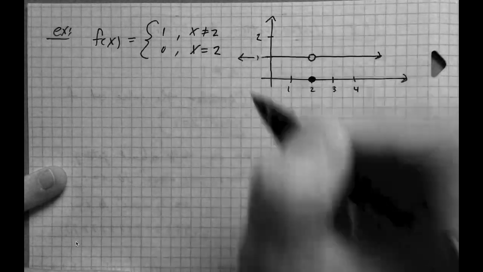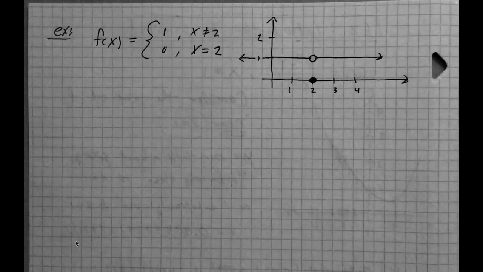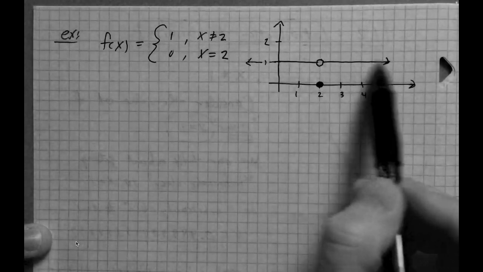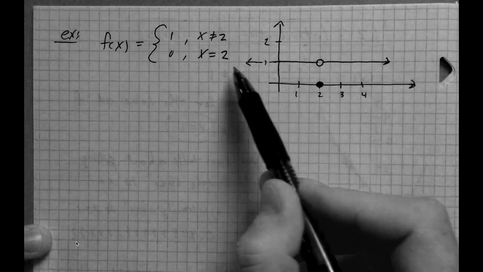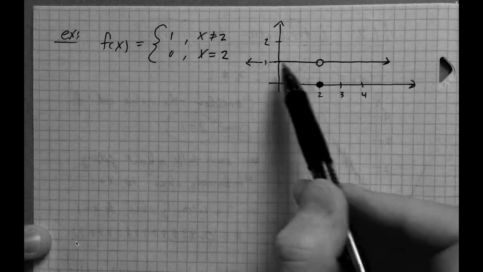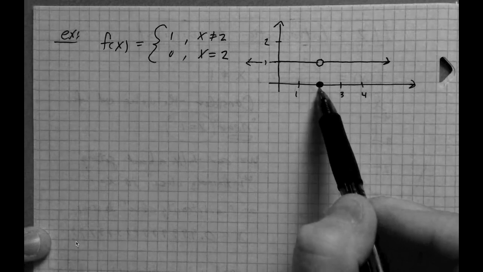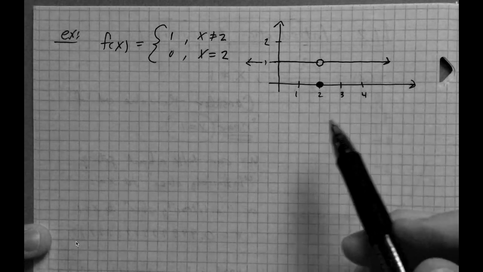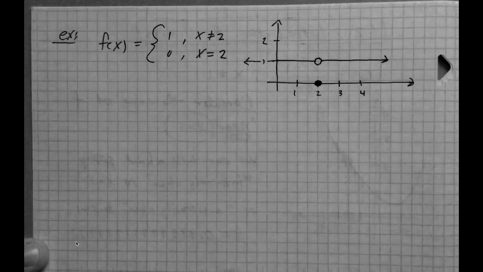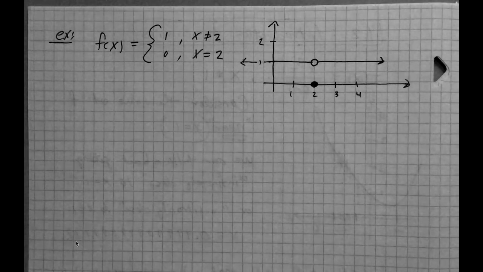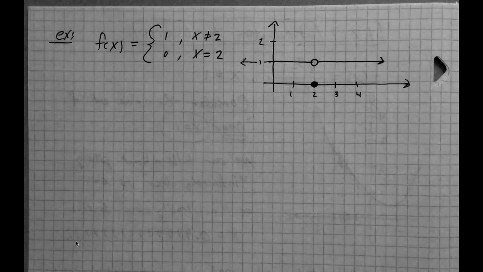Okay, looks like that. All right, so it's basically a horizontal line, and it's equal to 1 everywhere except at this one single point, x equals 2. And at that point, when x is equal to 2, the value of the function shifts down to 0.